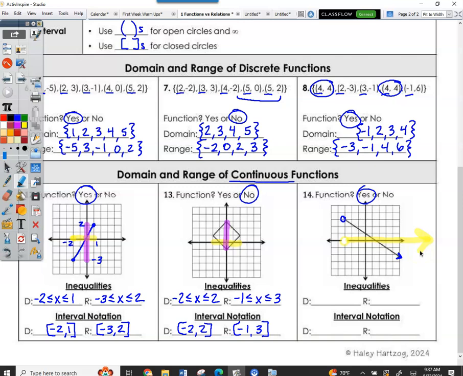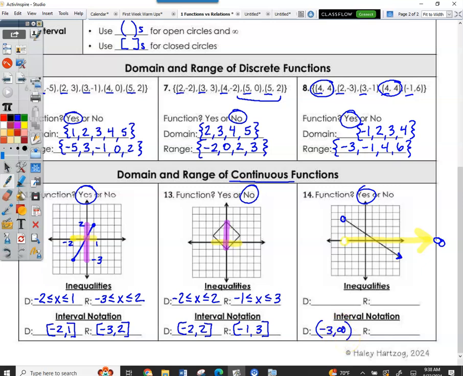As it's going down, it's also going out, correct? Yeah. So it's definitely covering that entire side of the number line. So our domain is -3 to what? Infinity. -3 to infinity.